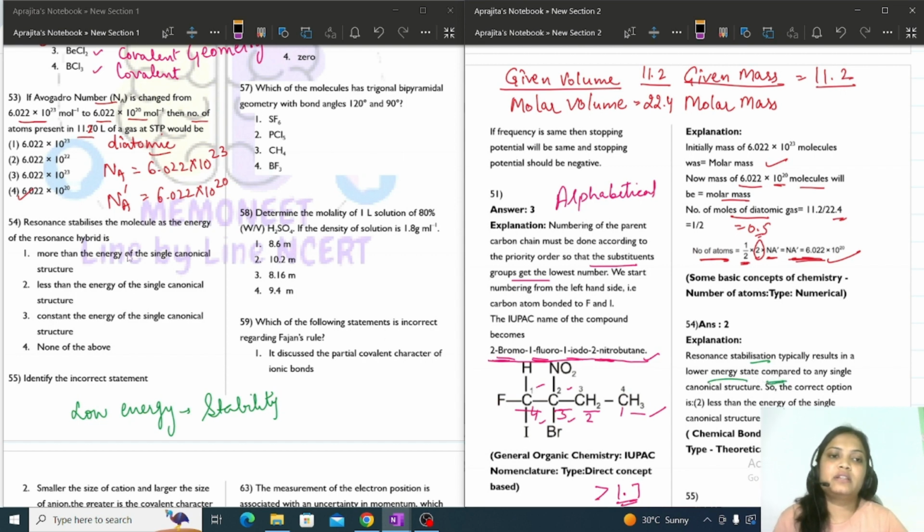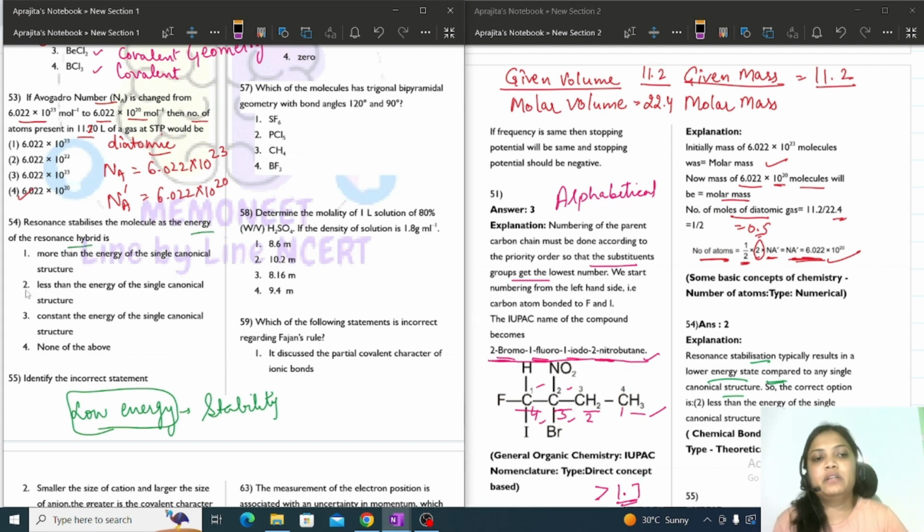So the resonance hybrid is actually in a low energy state as compared to its canonical structures. So the answer would be that the energy of resonance hybrid is less than the energy of a single canonical structure. So it is option 2 for question number 54.